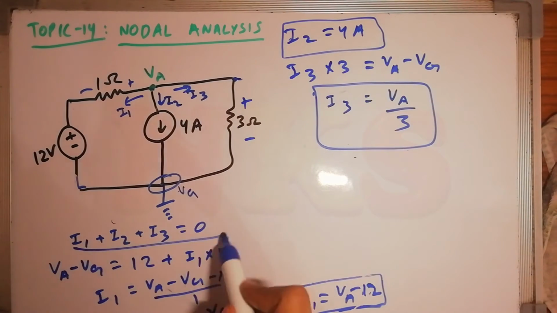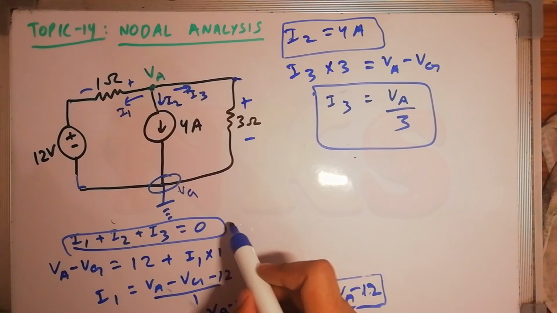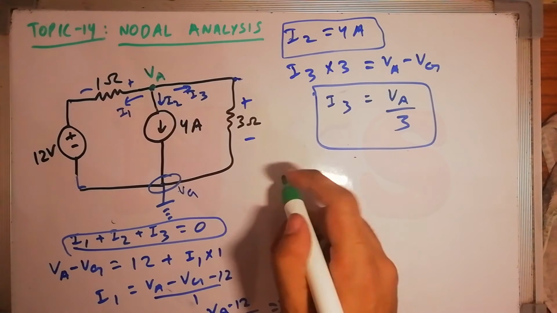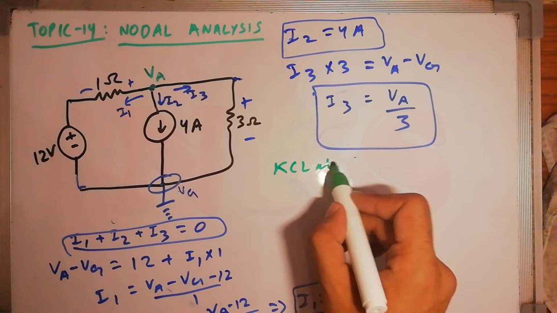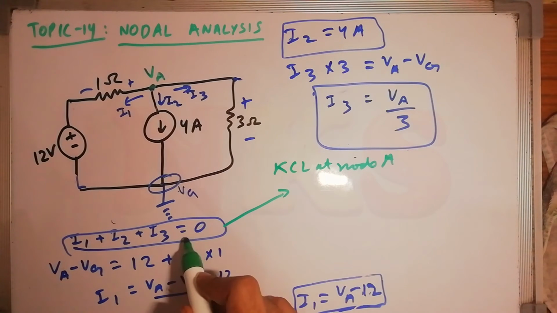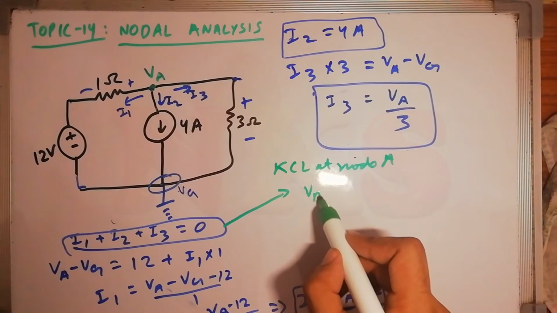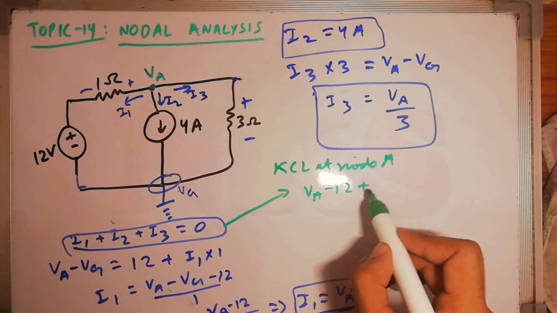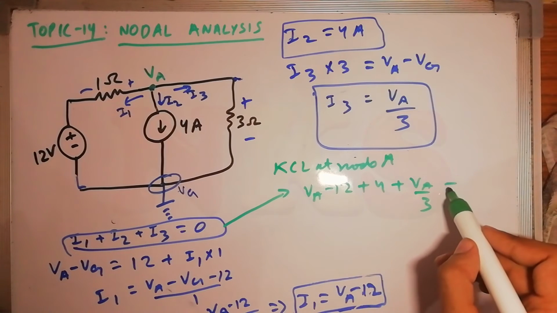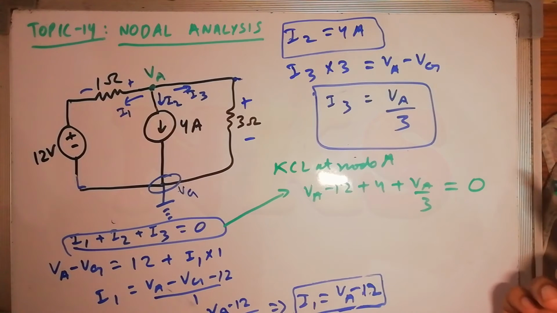Now substitute these values in this equation. The KCL at node A will be, substituting values of I1, I2, I3 in this equation, VA minus 12 plus 4 plus VA by 3 is equal to 0.